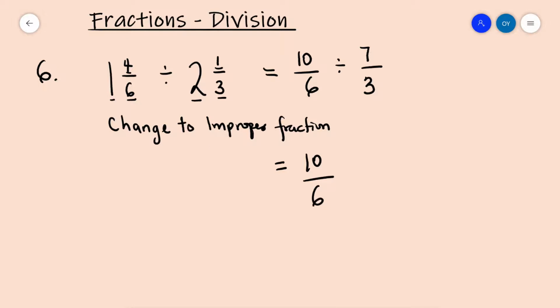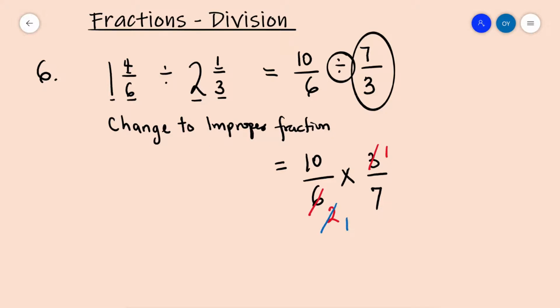Now we change the division sign to multiplication, so we have 10 over 6 multiplied by the reciprocal of 7 over 3, which is 3 over 7. We have 3 divides 3, 1, 6 divides 3, 2. Also 10 and 2, we have 2 divides 2, 1, 10 divides 2, 5. And this is 5 over 1 multiplied by 1 over 7, and this is 5 over 7.